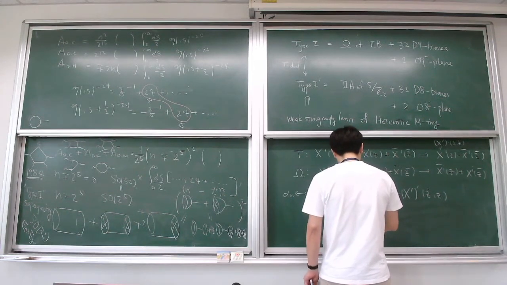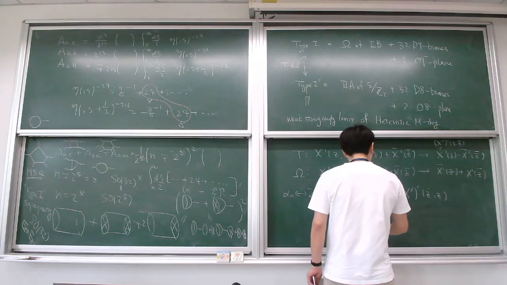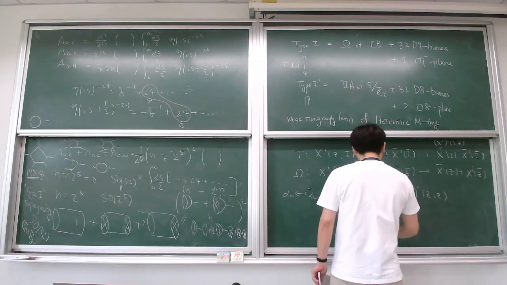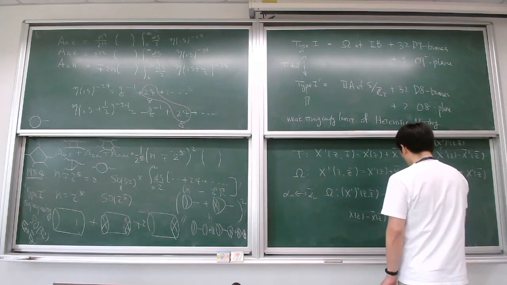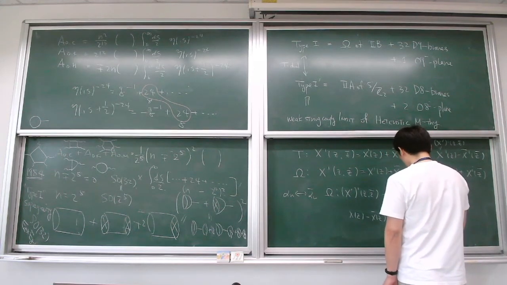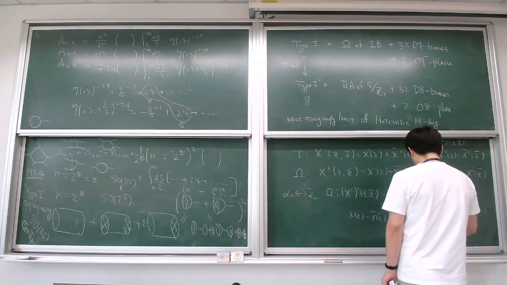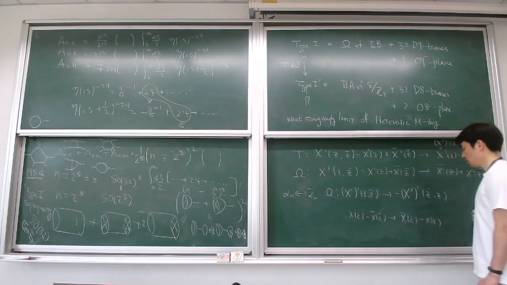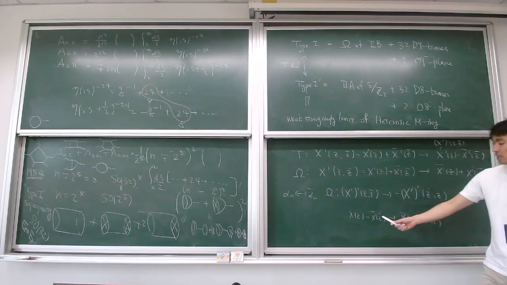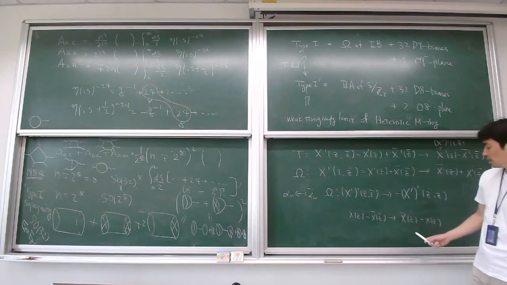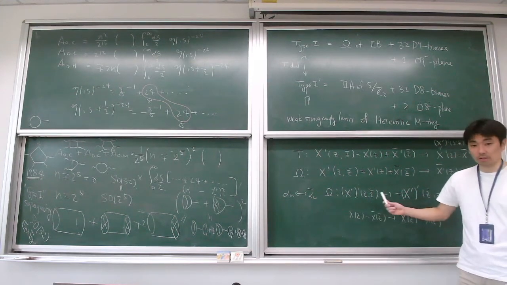So X(z) minus X bar(z bar) is mapped to X bar(z) minus X(z), right? And if you just swap z and z bar, then this is minus of this one, okay?